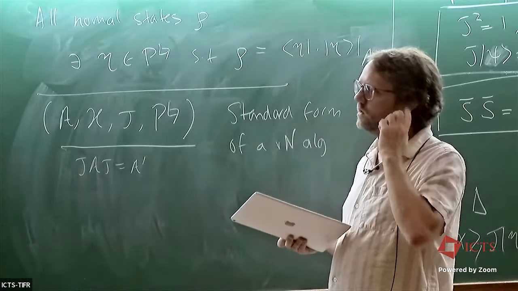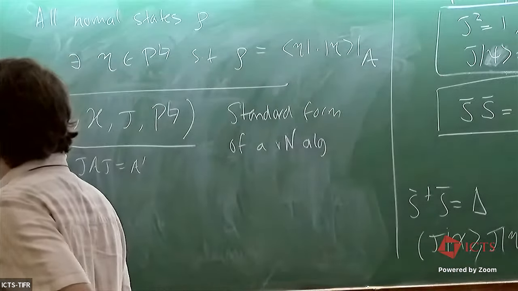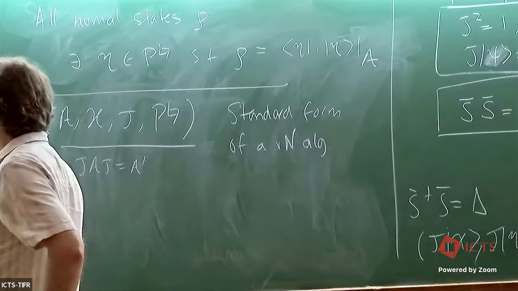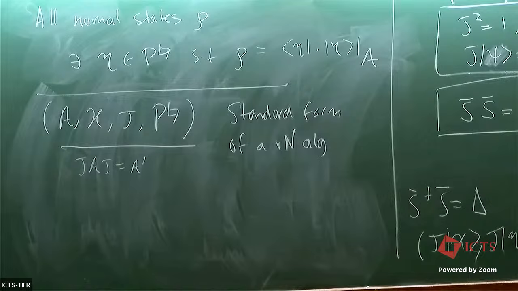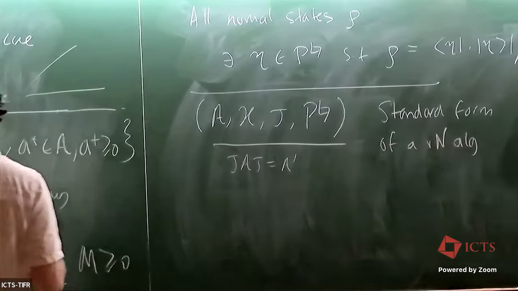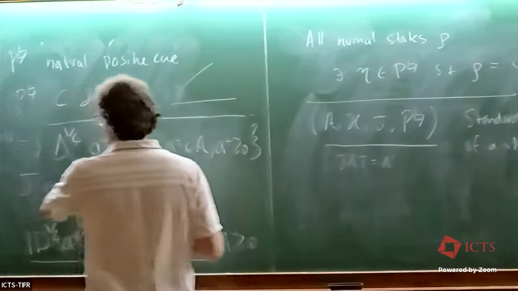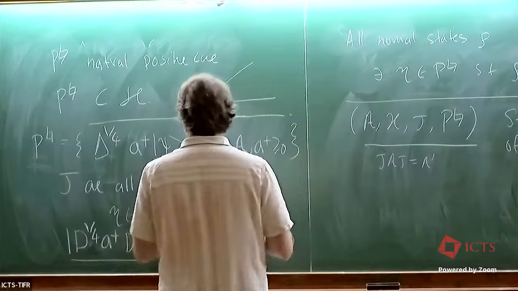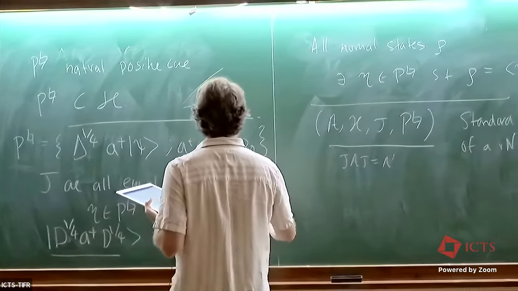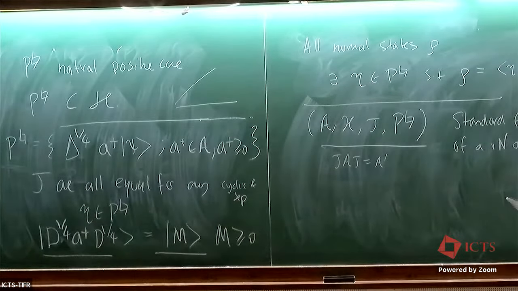This cone contains all the vectors that are cyclic and separating. No. Then how do you get J for each? Yeah, good question. So you don't really. So let me just say J are all equal for any cyclic and separating. Then what is this density matrix D in order A?